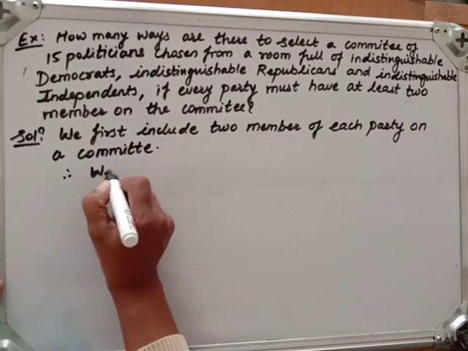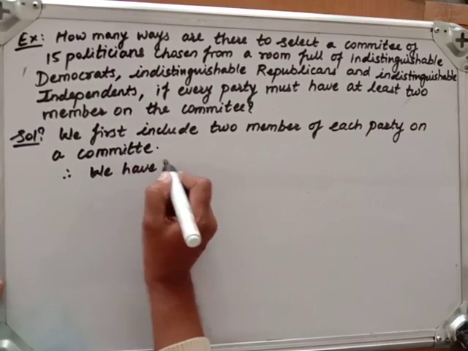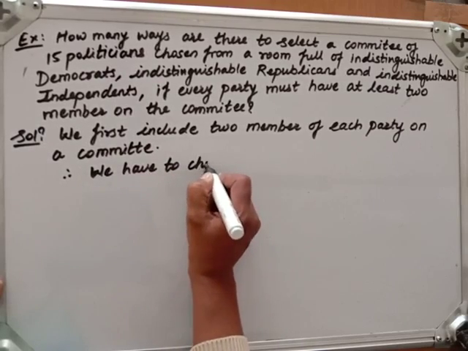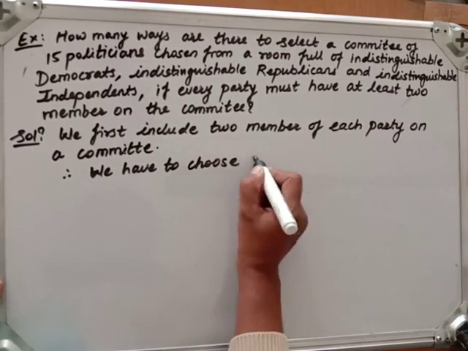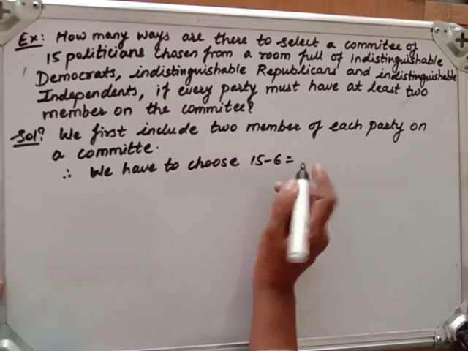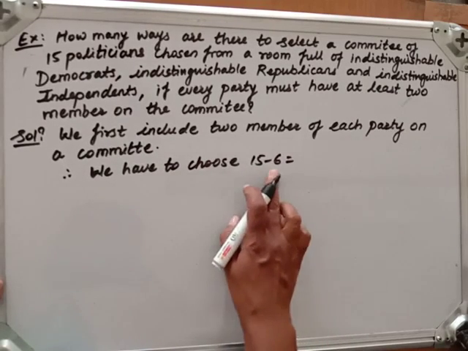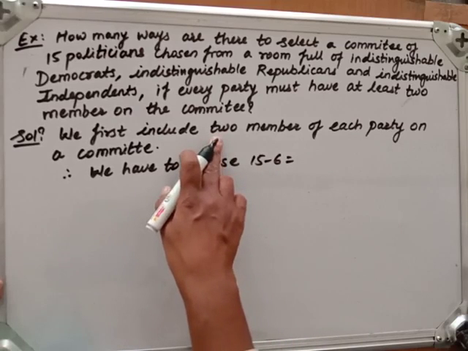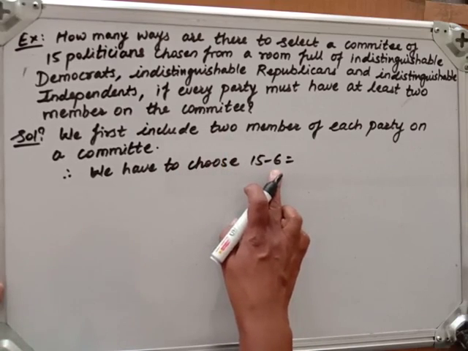Therefore, we have to choose 15 minus 6, since 3 different parties each have 2 members, so 3 times 2 is 6 that we subtract.